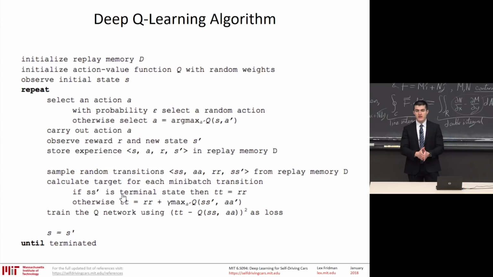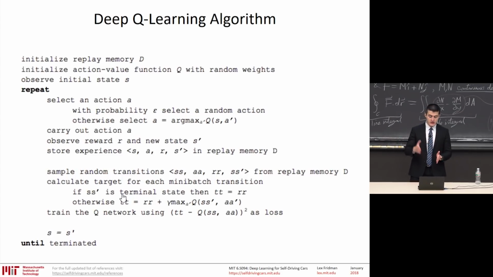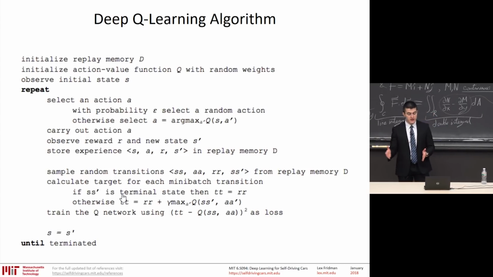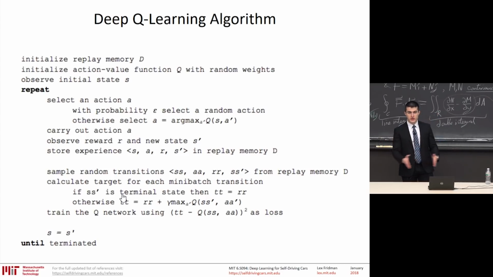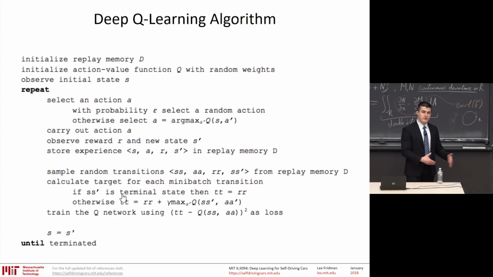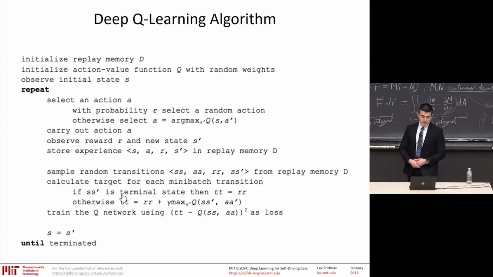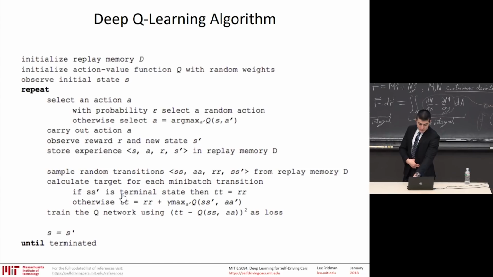It's part of saving the observations, the state, action, reward, next state observations, and saving them into replay memory, into that library. And then you sample randomly from that replay memory to train the network based on the loss function. And with probability epsilon, select a random action.